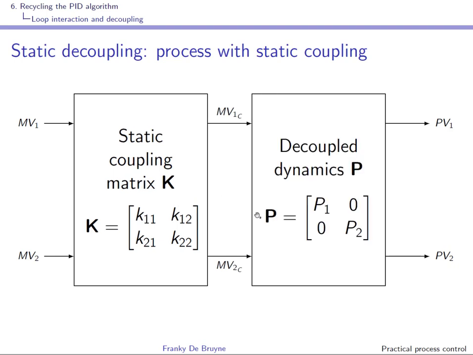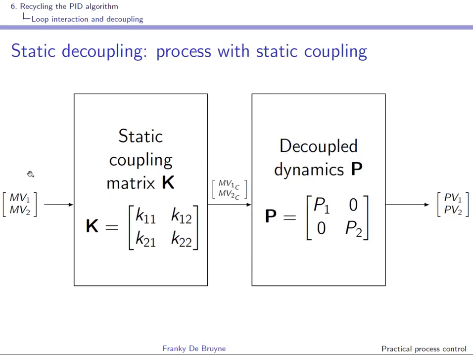And here you have decoupled dynamics. So you have the input MV1, this is what you can access, and internally in the system it is as if you have two coupled inputs and they go into decoupled dynamics to produce PV1. But the important thing is that the coupling is purely in the form of the static gain.